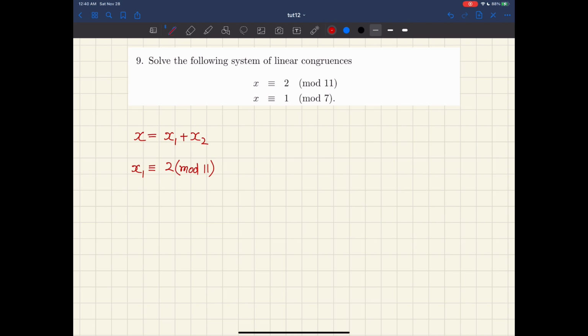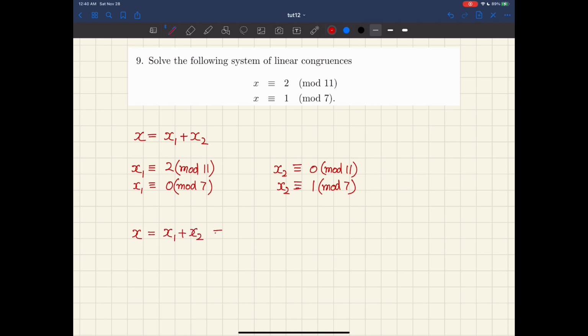We rewrite X as a sum of two numbers, x1 plus x2. So x1 is congruent to 2 mod 11 and 0 mod 7. And x2 is congruent to 0 mod 11 and 1 mod 7.